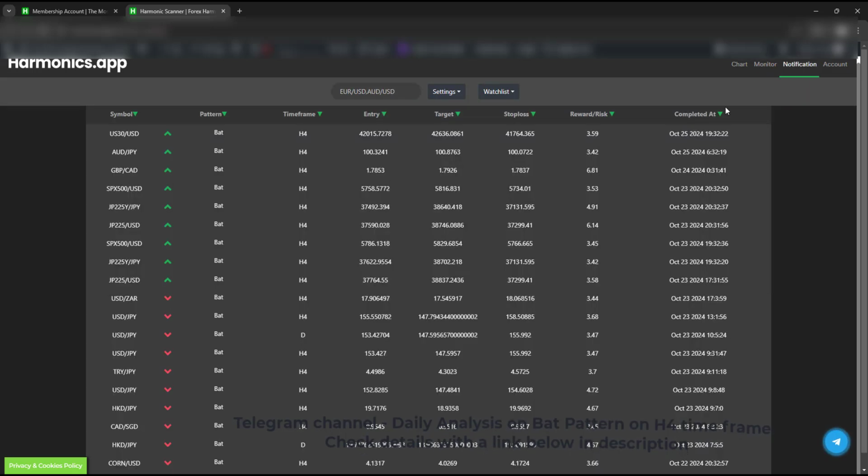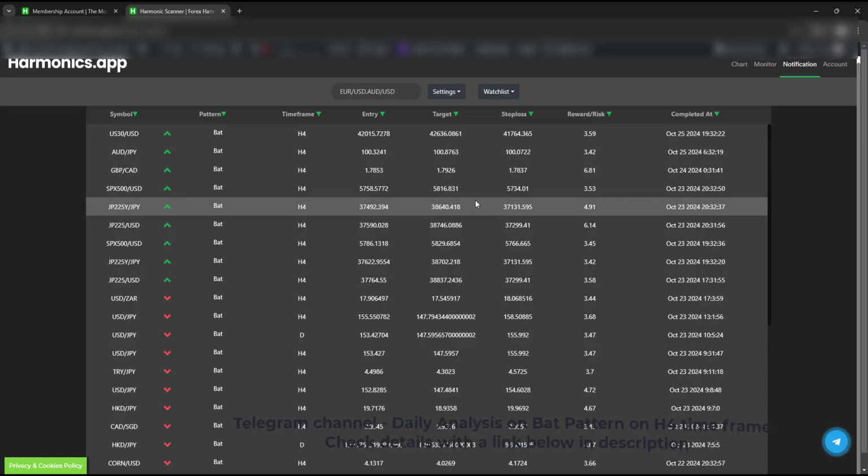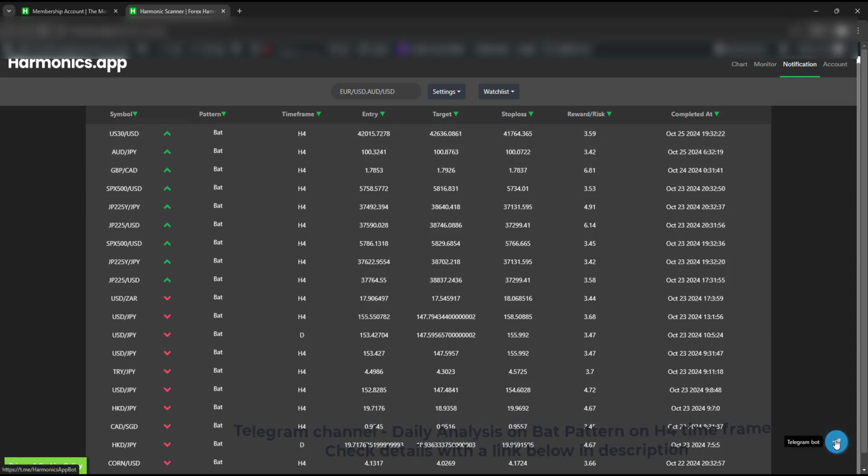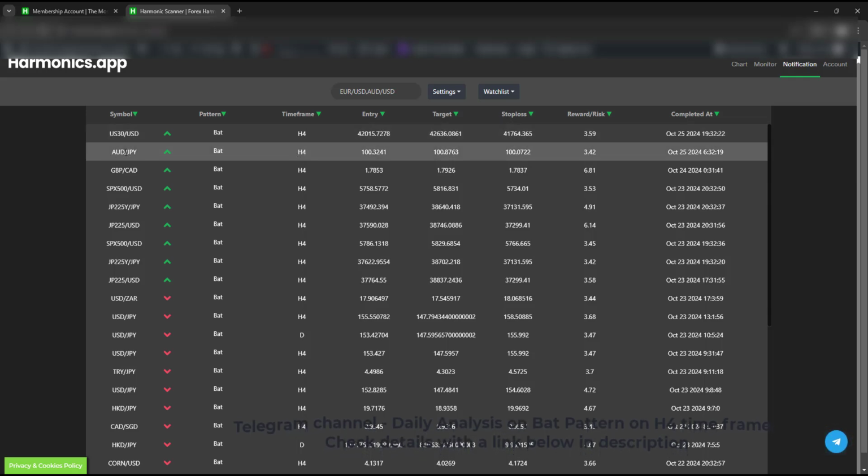Going into the notification, it is a very useful tool, which means you can receive a notification on Telegram whenever there is a pattern detected on the chart. So for example, Australian dollar, Japanese yen has been detected on October 25th at 6 hours 32 minutes.